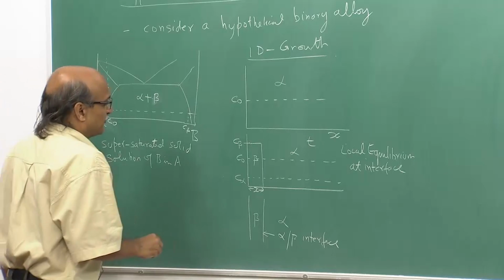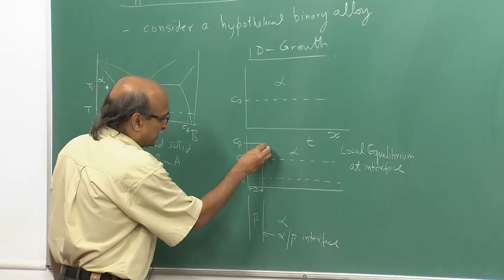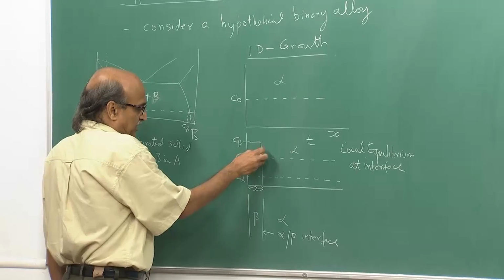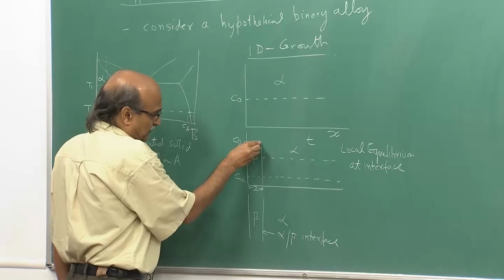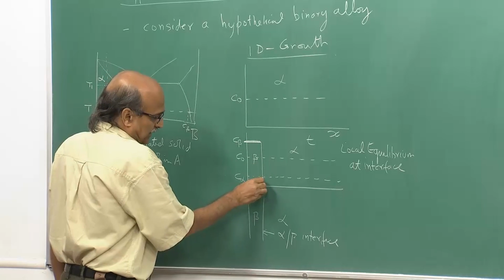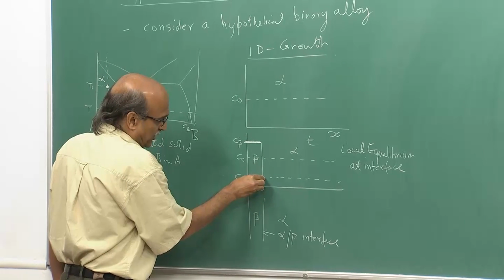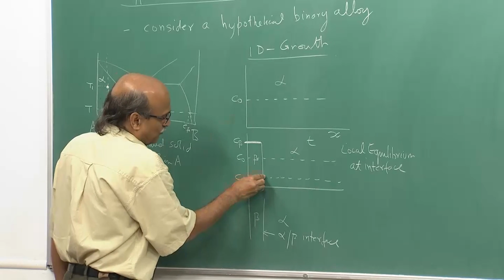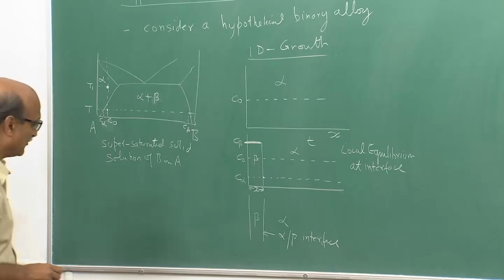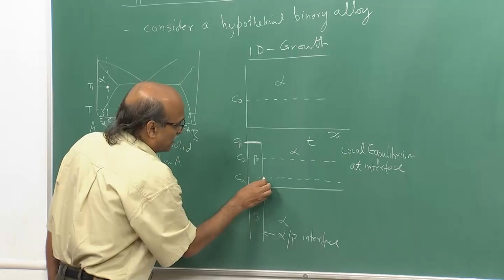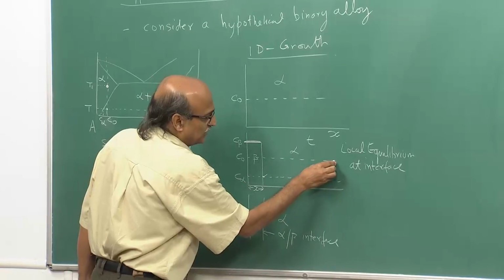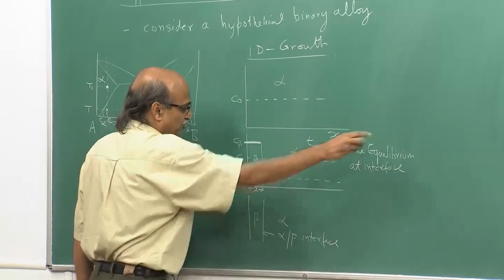If we assume local equilibrium at the interface, what does this mean? That in this region, the beta would have the equilibrium composition of C beta, and out here alpha at the interface would have the equilibrium composition of C alpha, and far away from this beta precipitate, the composition inside alpha would be C naught.